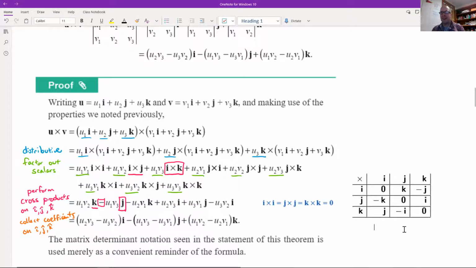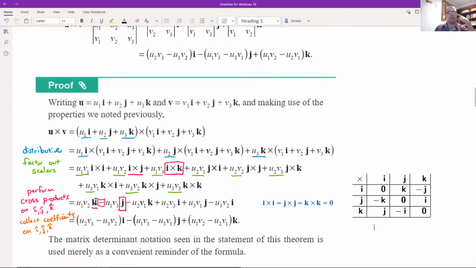Yeah. And these operations are not something that you have to memorize. Cross products are definitely something that calculators can help with. What we're doing now is just trying to understand the concepts. So here we're performing cross products, and all the terms that have I cross I or J cross J, all of those go to 0.